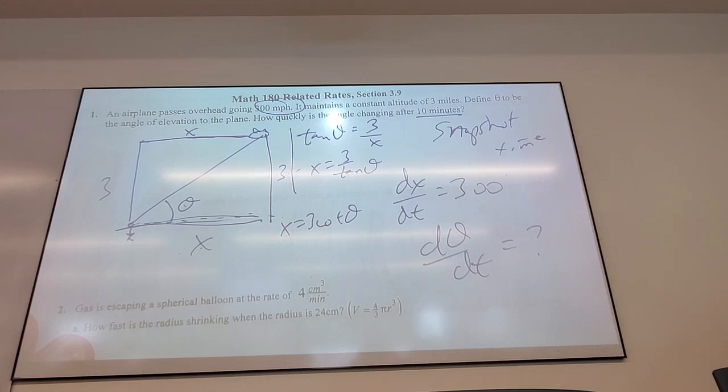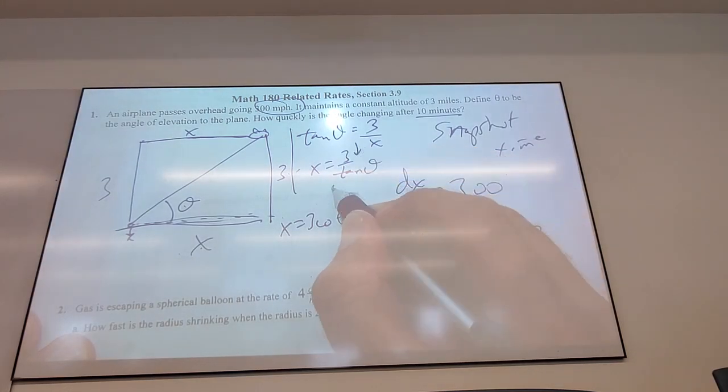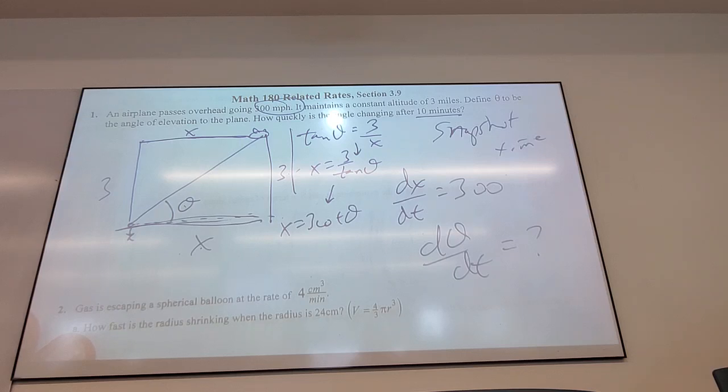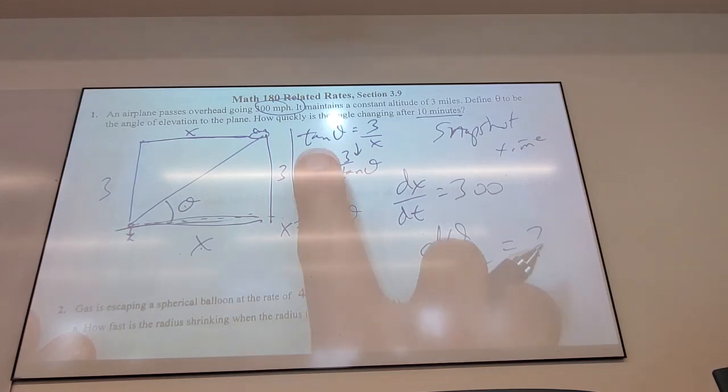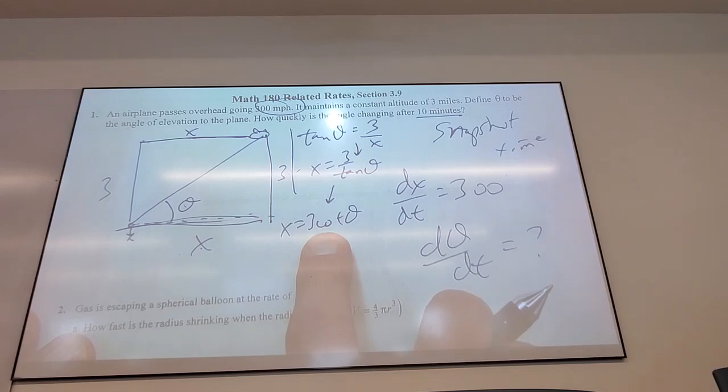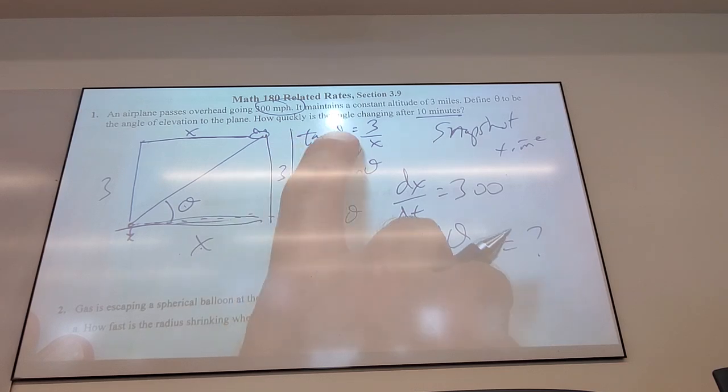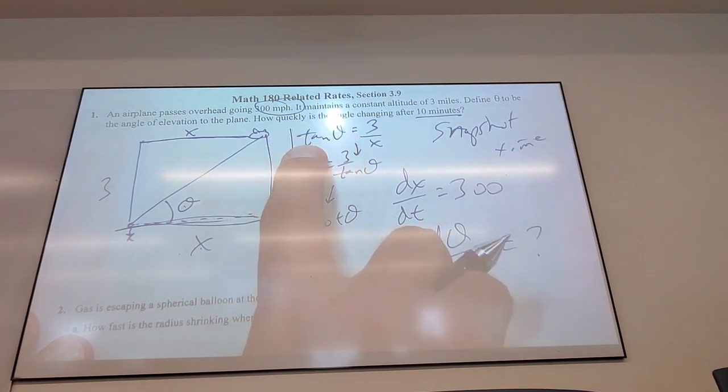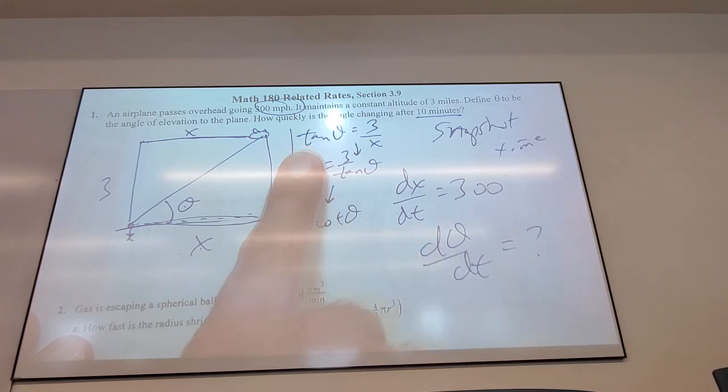Yes? These are all the same equation. I rewrote it, and then I rewrote it again. Here I divided by tangent, multiplied by x, and then here I just made it 3 cotangent. So let me tell you why. If I multiply x up, don't I have a product rule now? You guys with me?